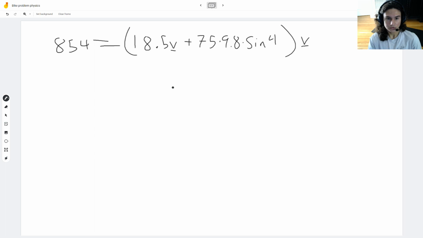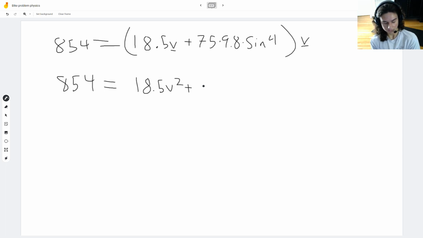Now I'm going to distribute these, and we'll get 854 is equal to 18.5 v squared plus, I'm going to shove this in a calculator again, 75 times 9.8 times sine of 4 is equal to 51.27, and this is going to be multiplied by v.